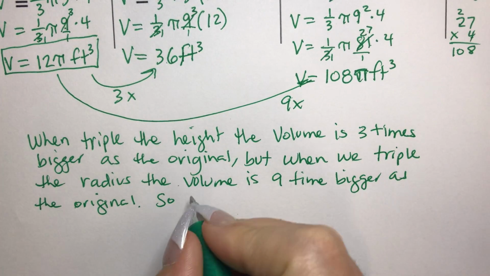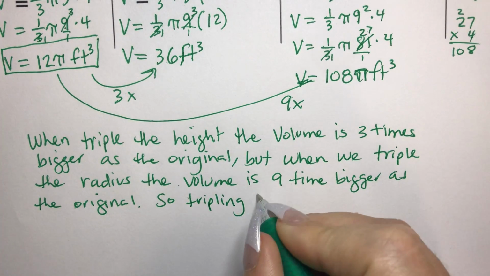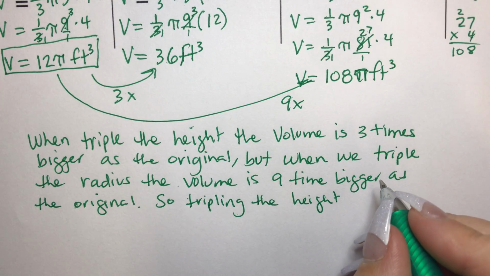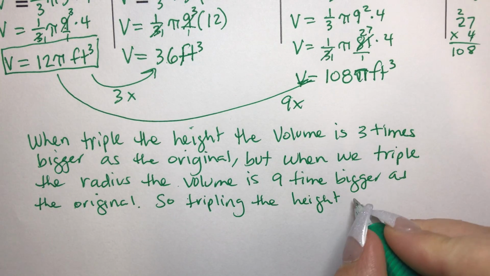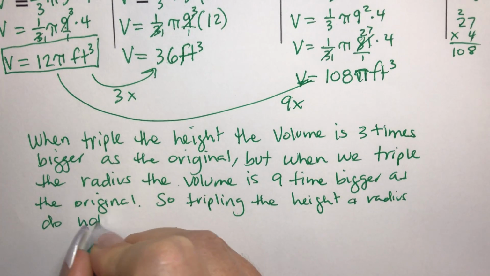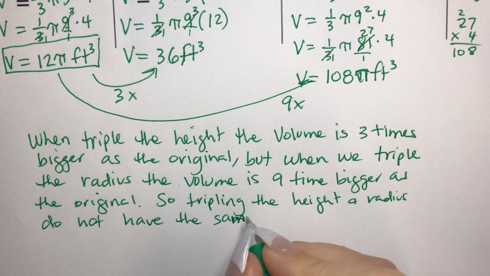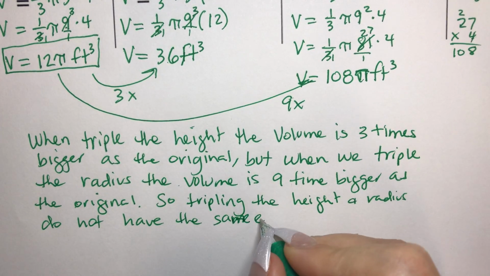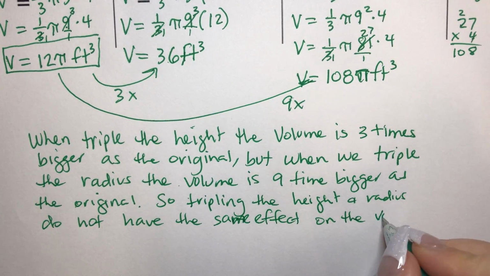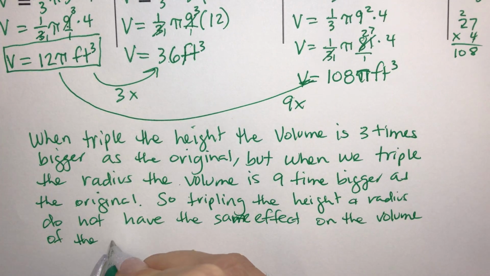So it does not. Tripling the height and radius do not have the same effect on the volume of the original figure, of the original cone.